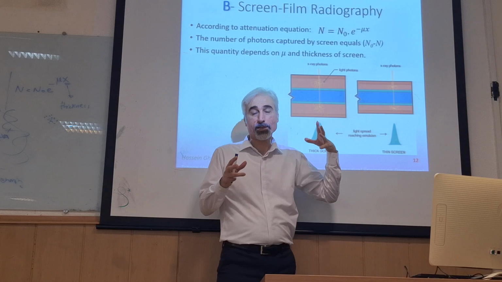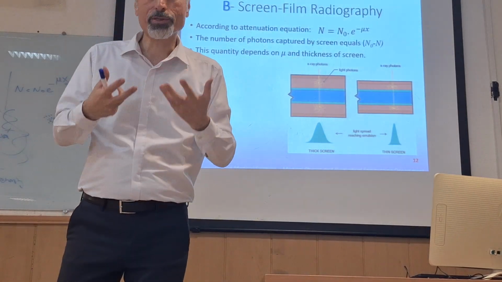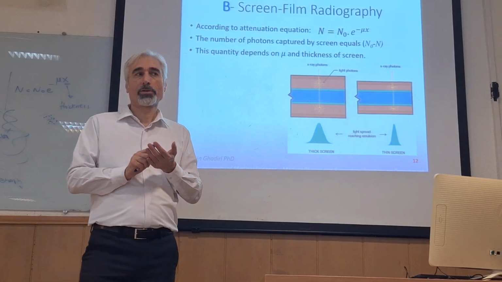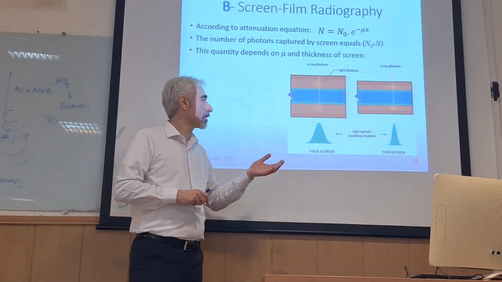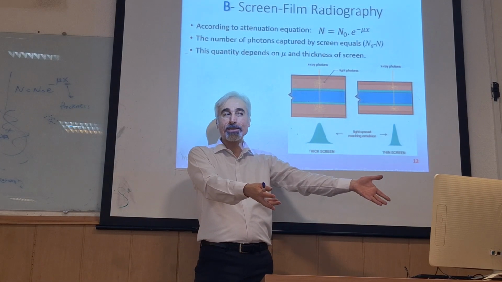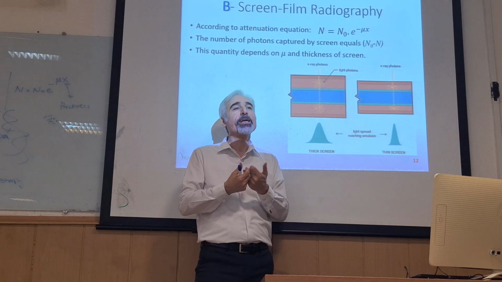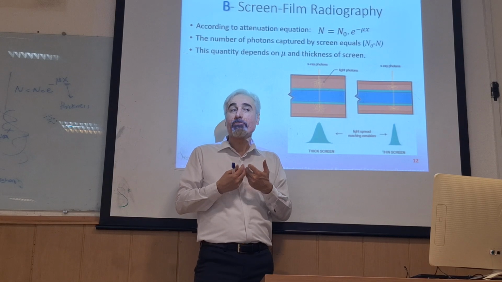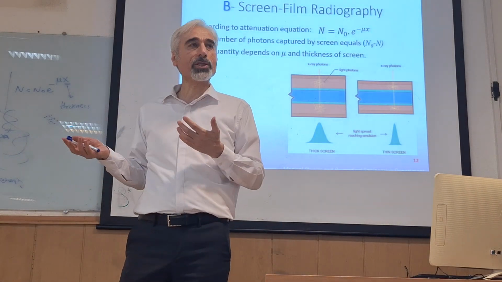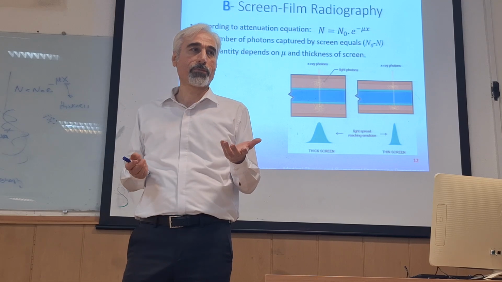We need to absorb more photons by the detector, because every photon absorbed by the detector is information, and more information is collected. We need to collect all photons that come from the patient's body, because all of these photons are information.